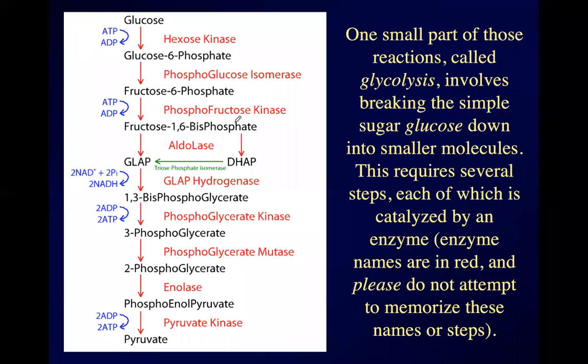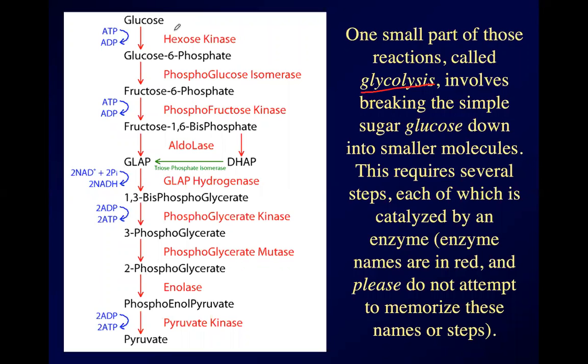What's diagrammed here is a set of chemical reactions called glycolysis. Your diet includes some sugars, and even if you're not eating sweet food, the starches that you eat in your food get broken down into simple sugars, the most important of which is a sugar called glucose. Glucose does taste sweet, but not as sweet as table sugar.